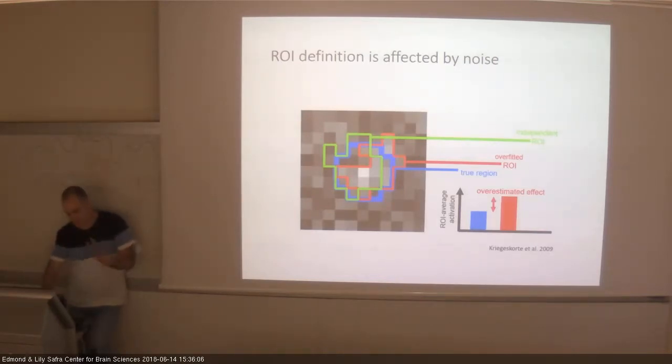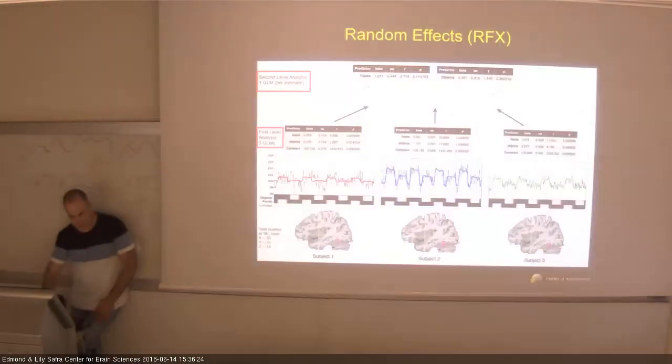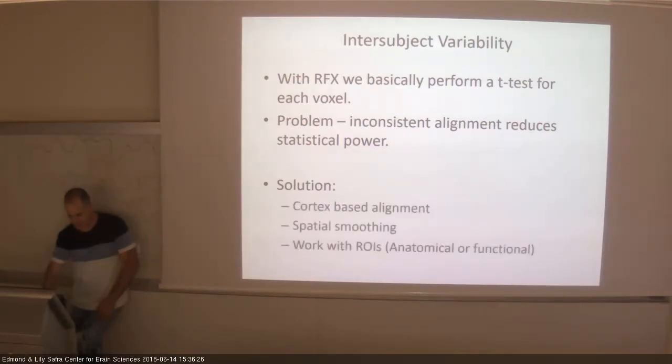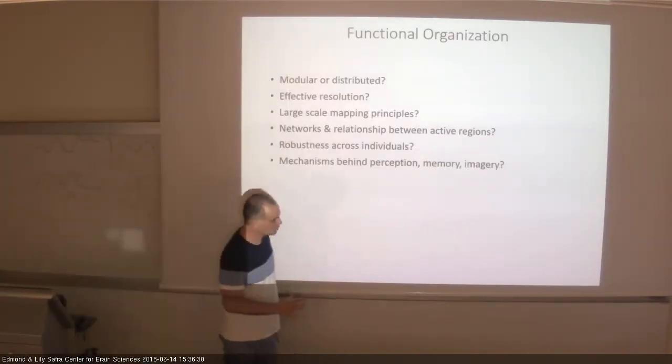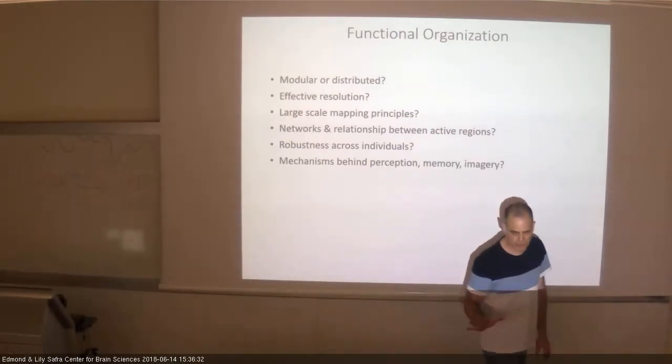Just remember that you use a secondary task to define the region of interest. Then you go to the main research question, do your task, and check the effect of your main task within the region that you defined with a different localizer. So the idea is clear, very simple.